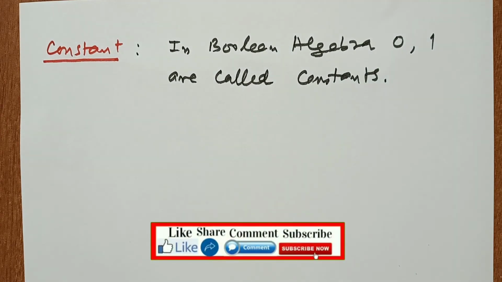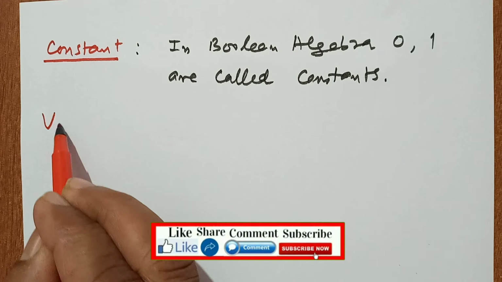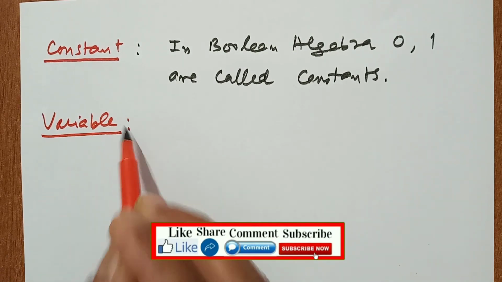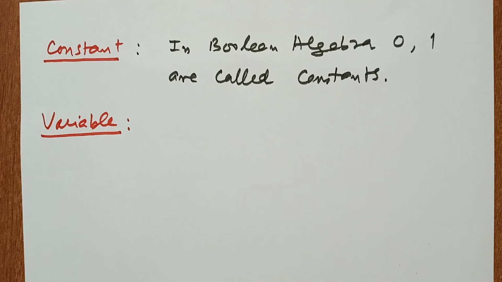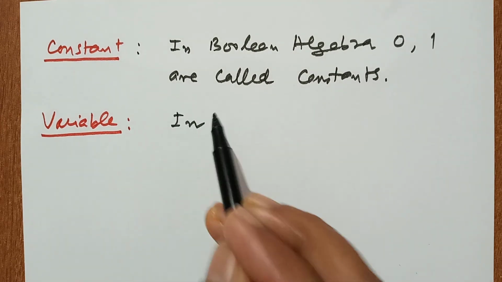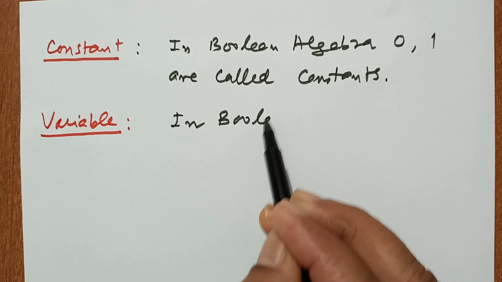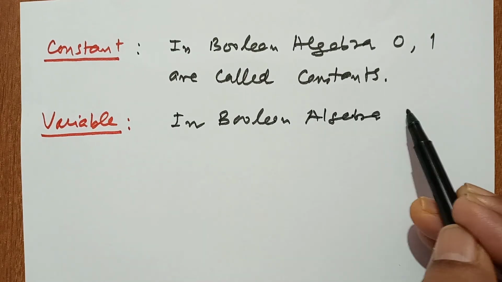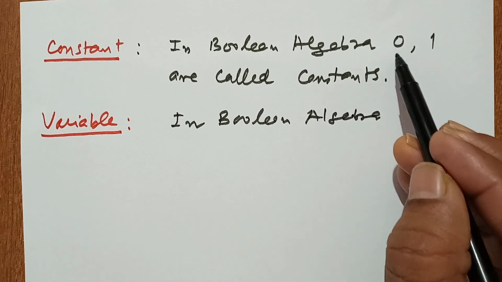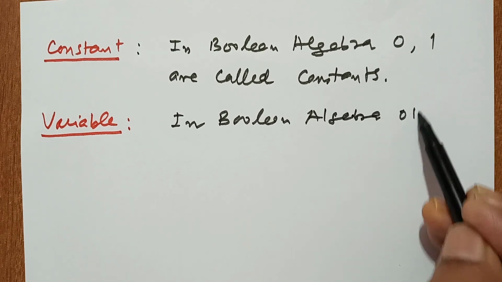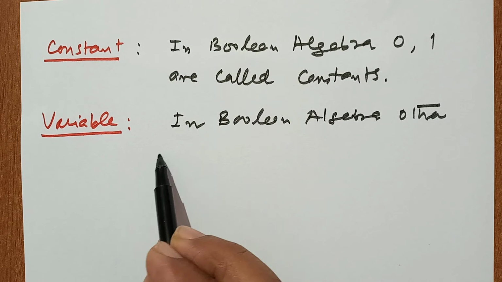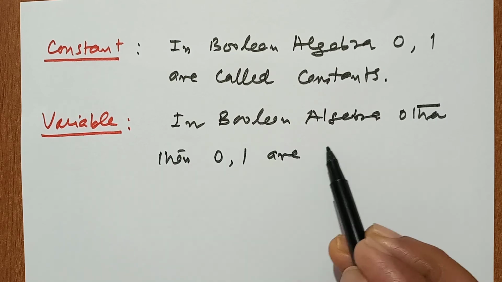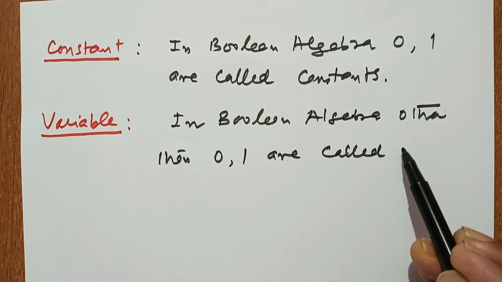Next, variable. So what is a variable in Boolean algebra? In Boolean algebra, symbols other than 0 and 1 are called variables.